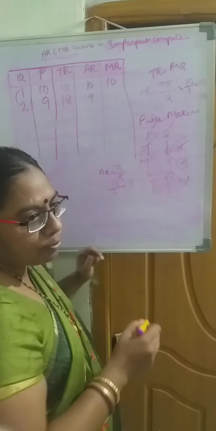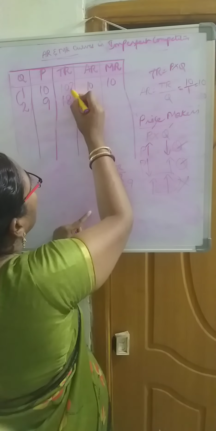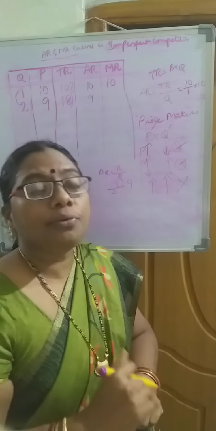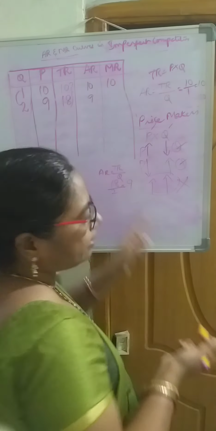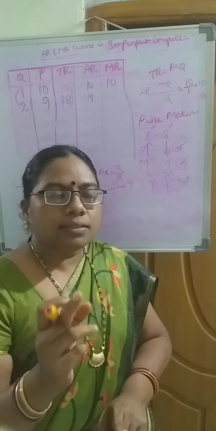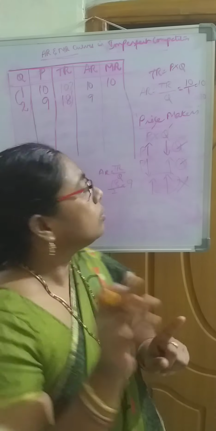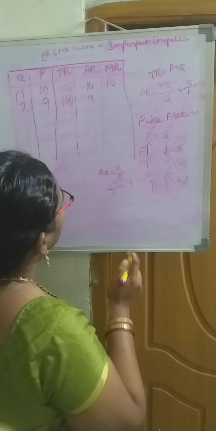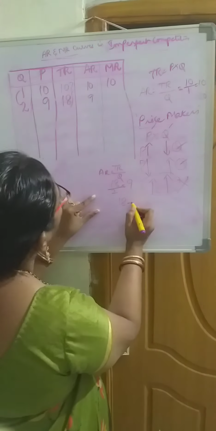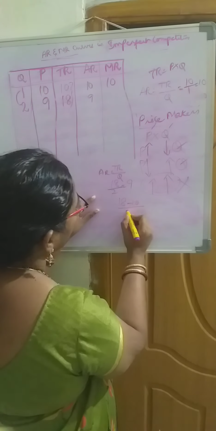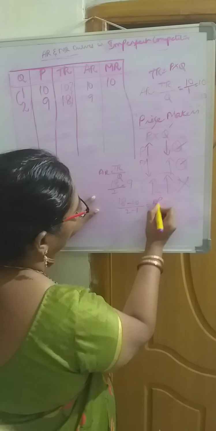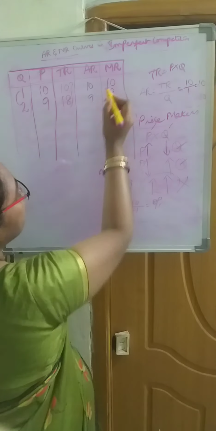Selling an extra product, how much additional revenue are you getting? By selling the second item, the extra additional revenue that the seller is getting is 8 rupees. How? 18 minus 10 by 2 minus 1, that is equal to 8 by 1, 8.